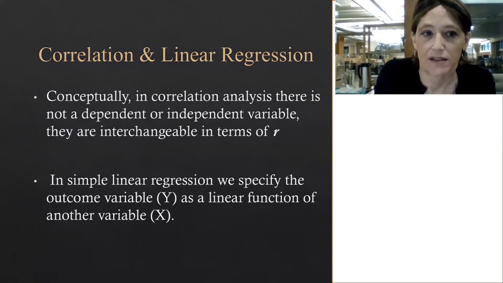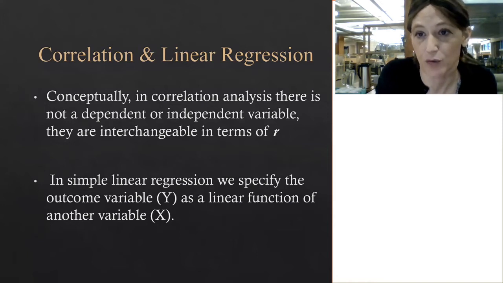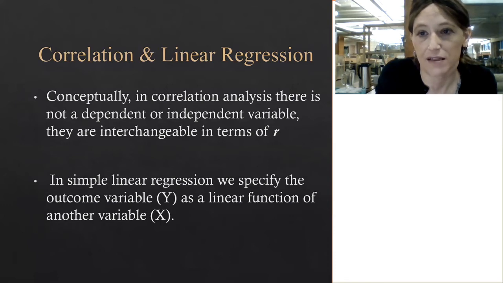Conceptually, in correlation analysis, there is not a true dependent or independent variable. They are simply interchangeable in terms of the calculation of Pearson's R. In simple linear regression, where we have just one predictor and one outcome, we specify the outcome variable y as a linear function of another variable x.